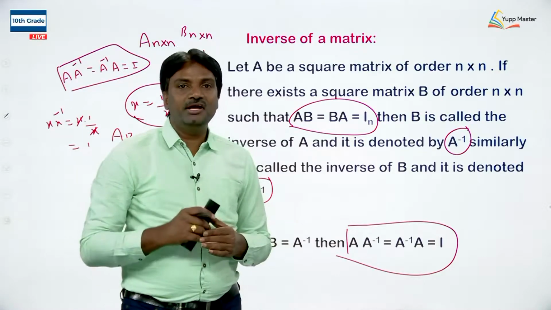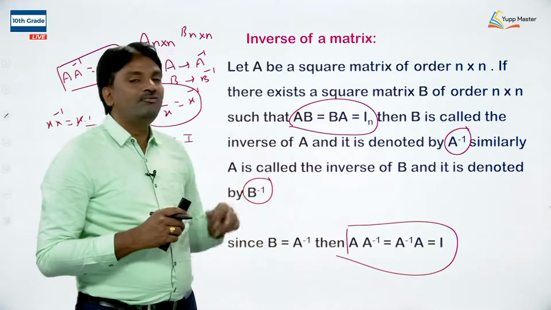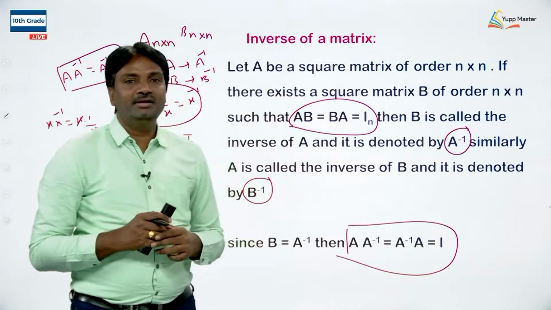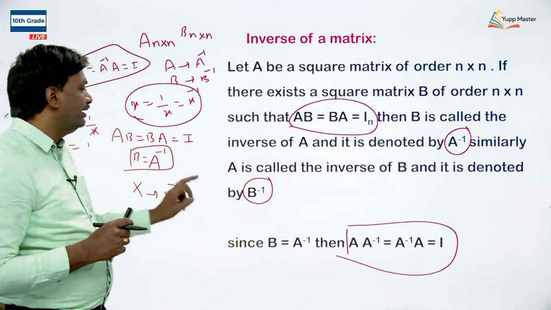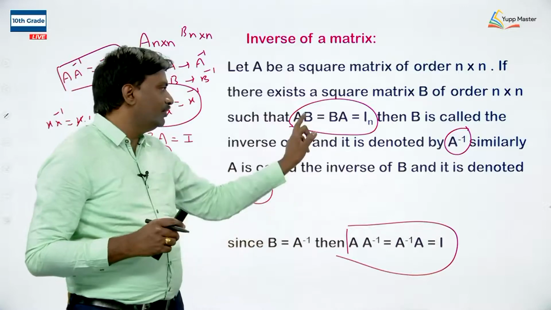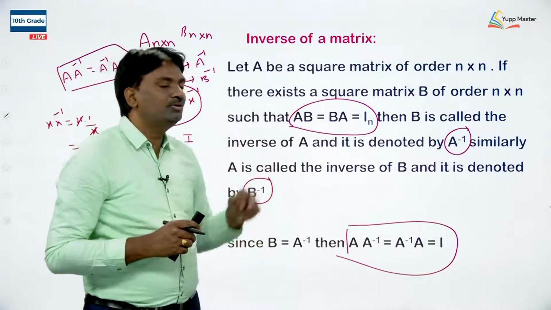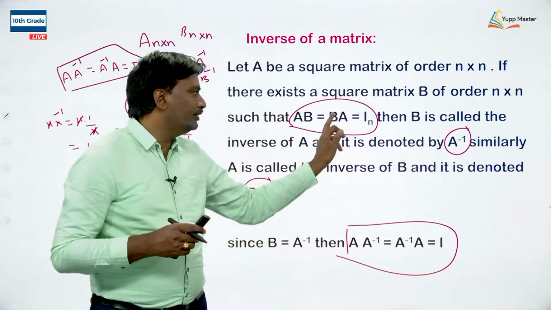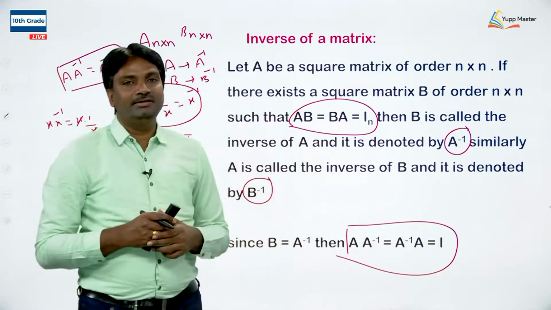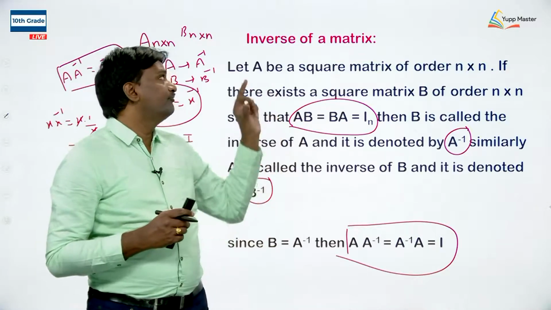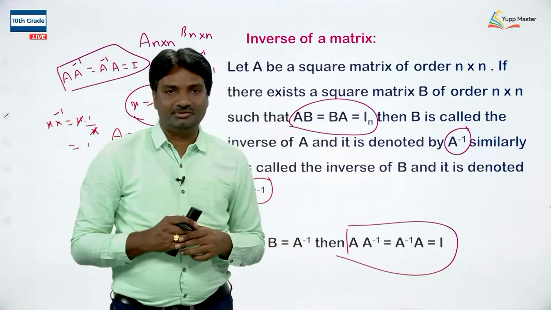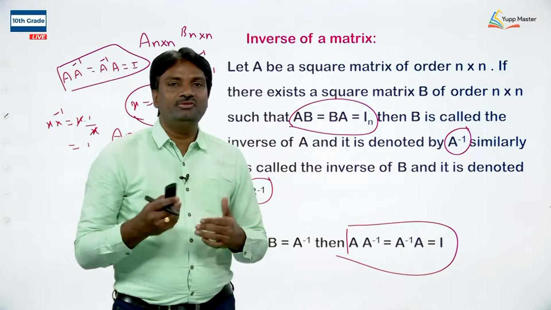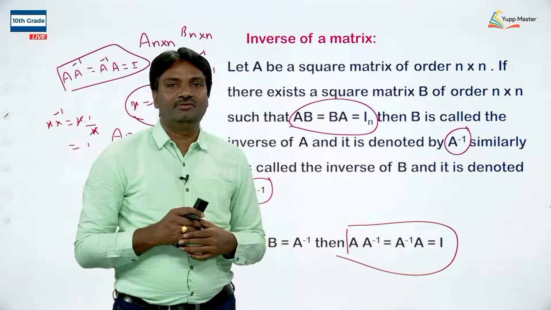Since B equals A inverse, in the formula AB equals BA equals In, in place of B by writing A inverse, A into A inverse equals A inverse into A equals In. This is the definition of the inverse of a matrix. By using this formula, we can find the inverse of the given matrix.